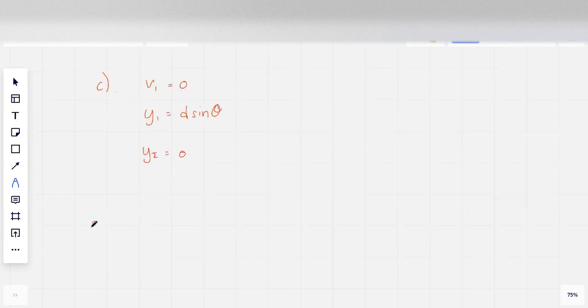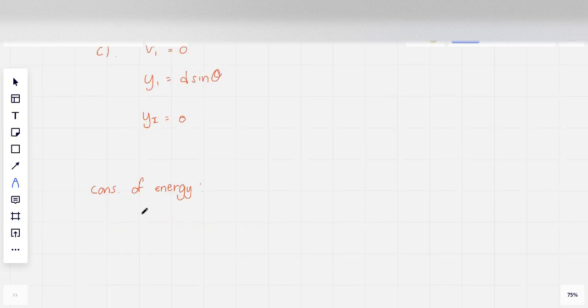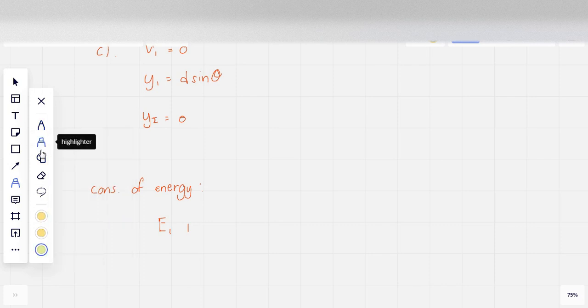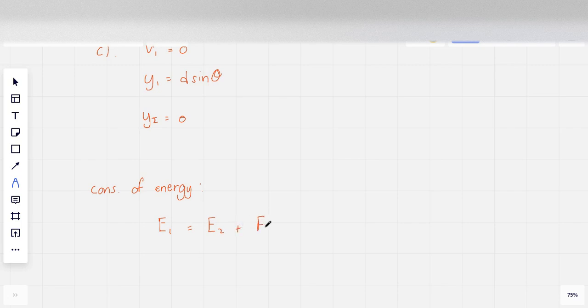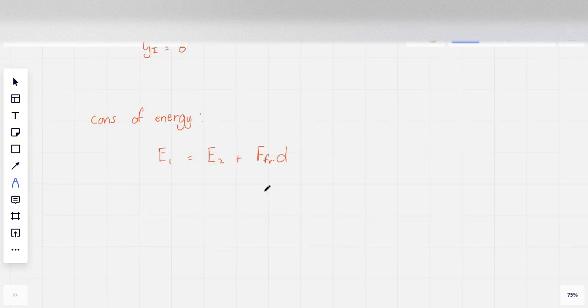So again, applying the conservation of energy, we have that E1 is equal to E2 plus the work done by friction, which is the frictional force times the distance d.